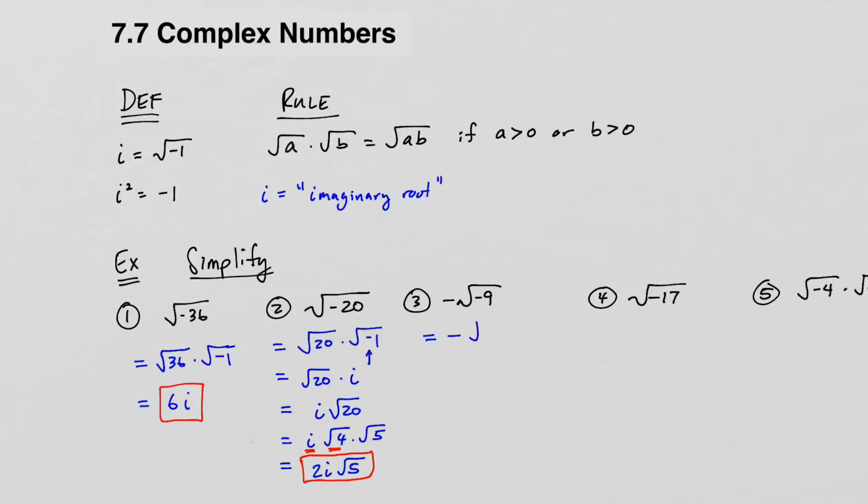So I'm going to express -9 as 9 times -1, and notice that we are keeping the negative that was on the outside of the radical. It's still there. Now, simplifying, we have a negative sign. We know the square root of 9 is 3, and we know the square root of -1 is i. And so this is negative 3i.